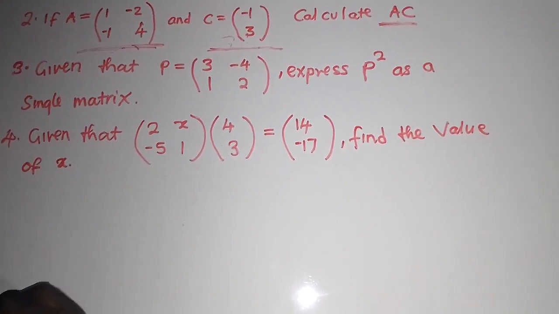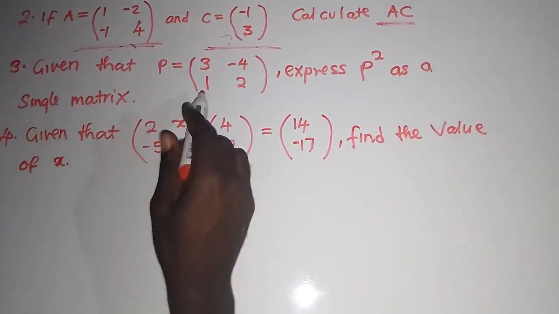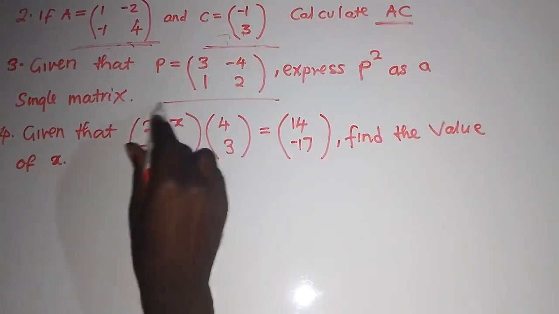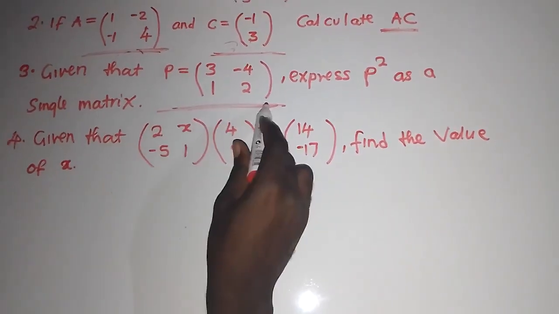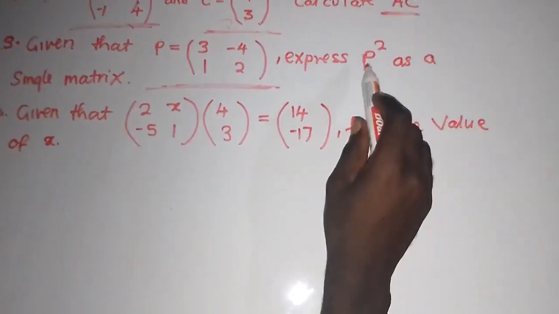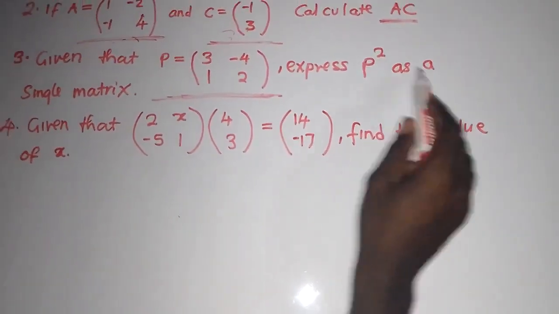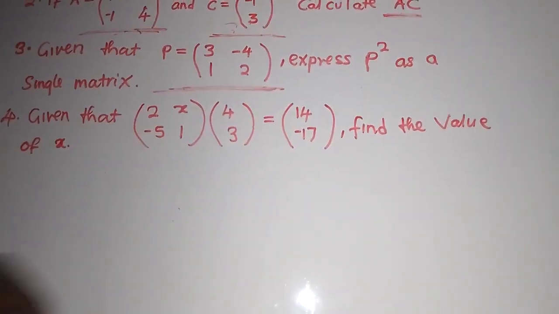It is saying, given that P is equal to this, express P squared as a single matrix. What do they mean?